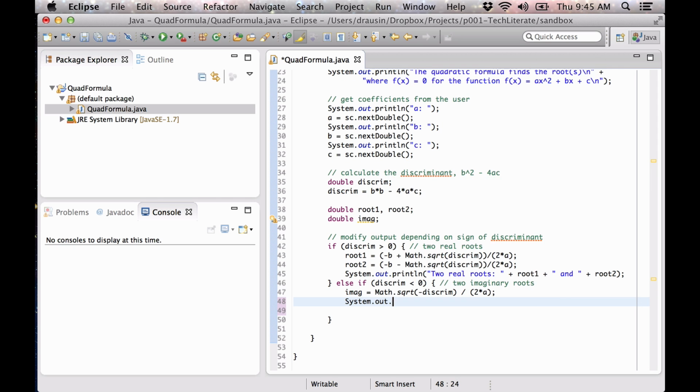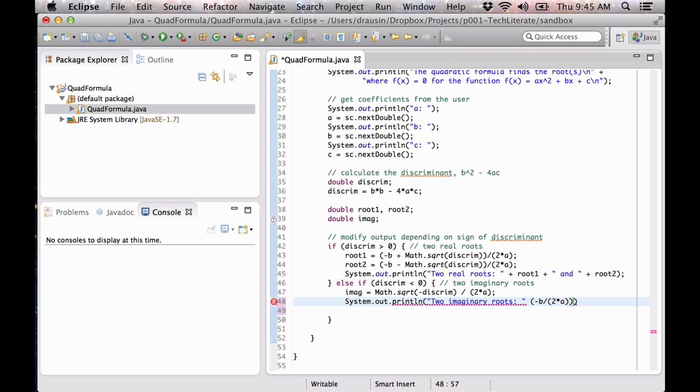Okay, system.out.println. So we have 2 imaginary roots, okay? And our roots are negative b divided by 2 times a, okay?